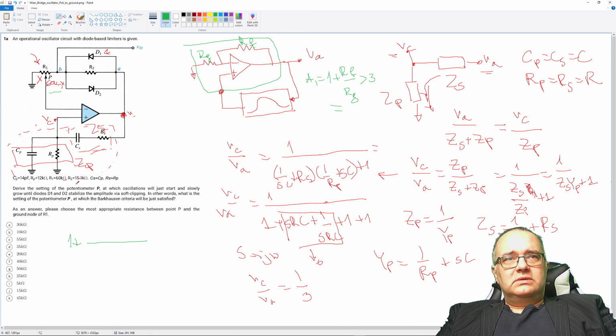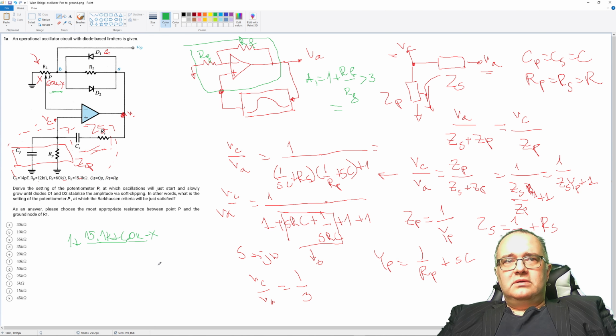R2 is 15.1k plus this portion, which is 60k minus X, and this divided by RG, which is X. So I want this to be bigger than 3.